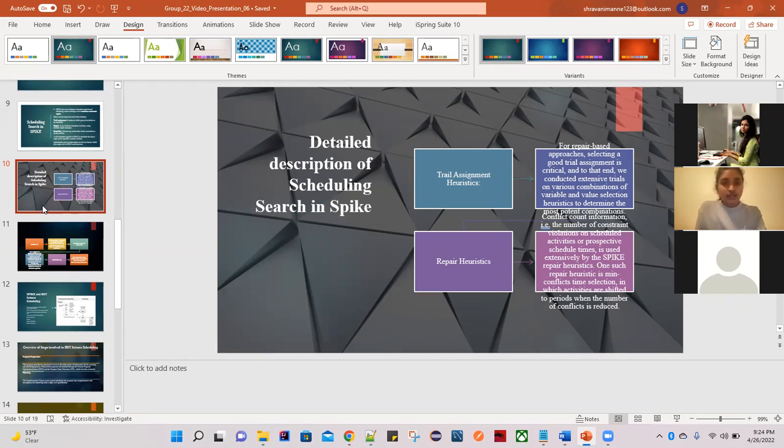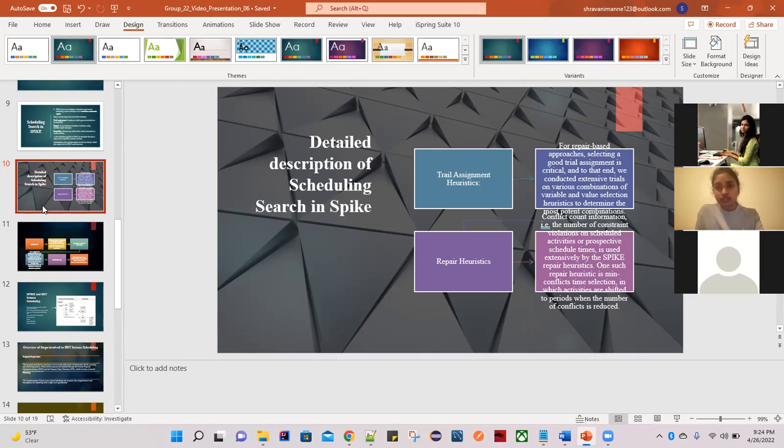Coming to the next slide, I explain the detailed description of those three steps. First, trial assignment heuristics. For repair based approaches, selecting a good trial assignment is very critical, and to that end we conducted extensive trials on various combinations of variable and value selection heuristics to determine the most potent combinations.